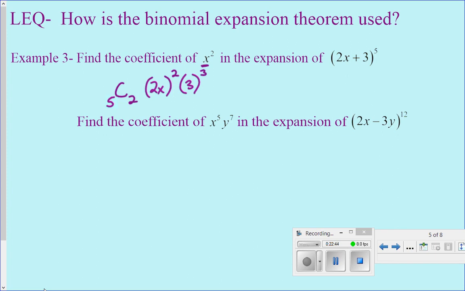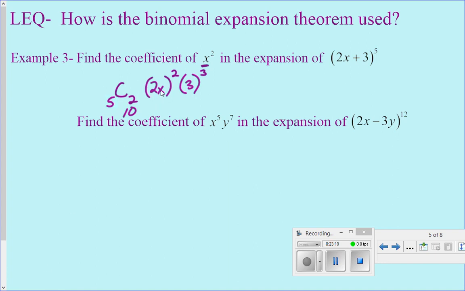Now, it says find the coefficient. 5C2 is 10, but 10 is not my answer. A lot of times students will say 10. 10 is only the coefficient before we take into account these numbers. And if there weren't numbers here and they were just variables, x and y, let's say, then 10 would be my coefficient. But there's more to it than just the 10 because I have numbers involved.